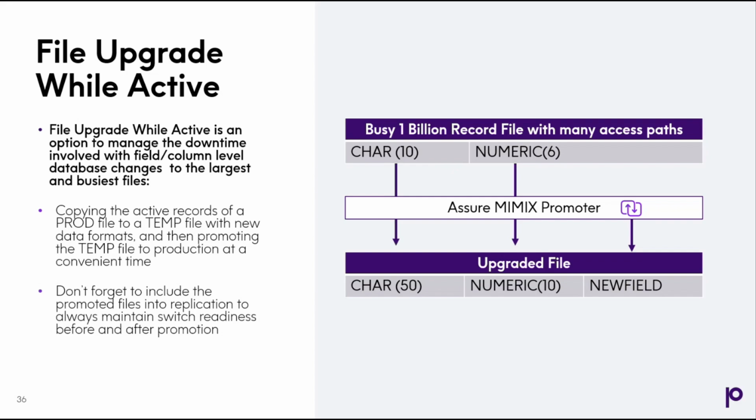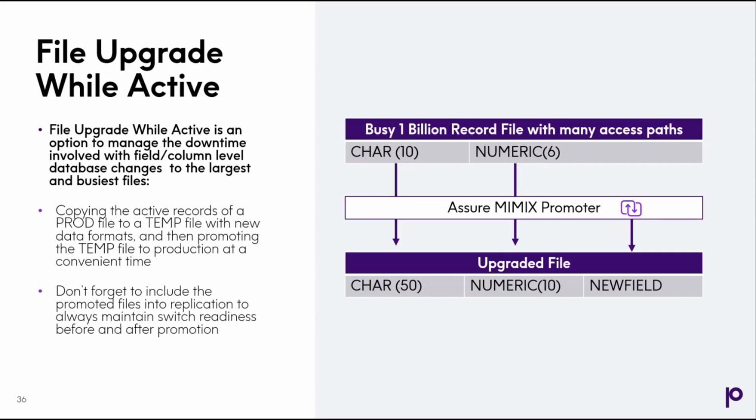So look here, we've got a character 10 going to character 50. We've got a numeric 6 going to a numeric 10. And here we've got an entirely new field being added. All this is being done on a 1 billion record busy file that is core to the application.